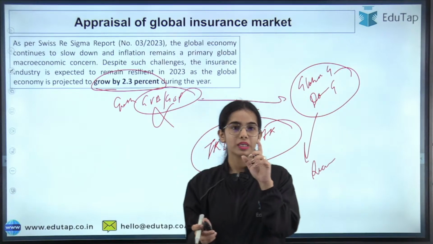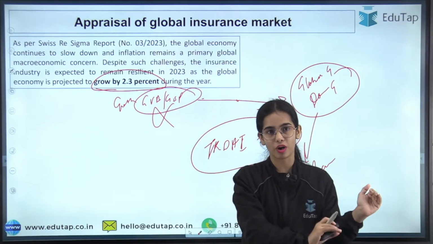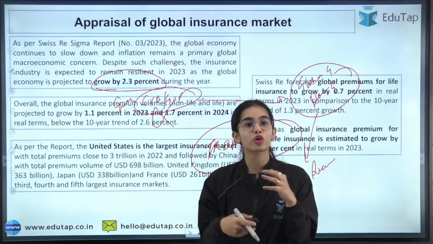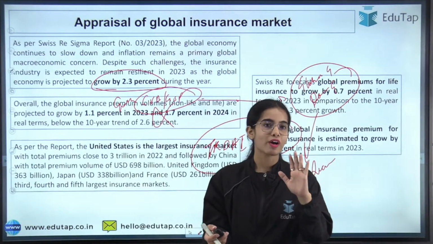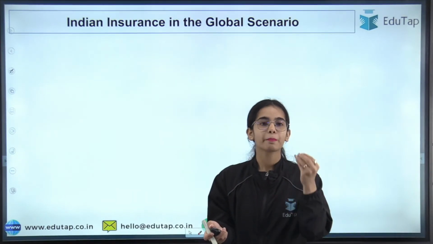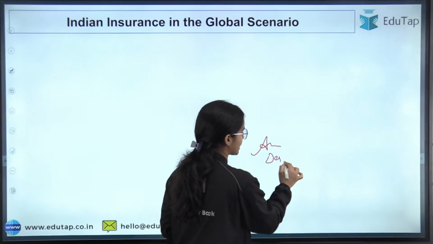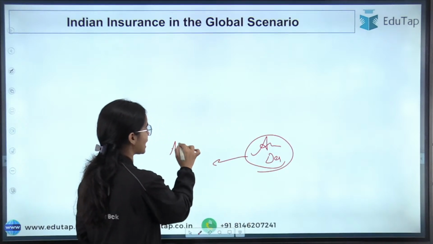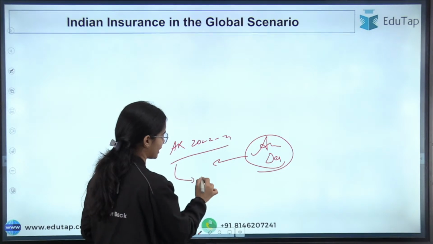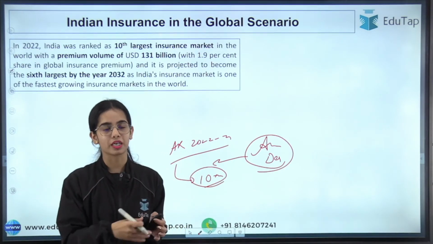For the global growth, the GDP, the GVA, the recent data you have to remember. For the insurance penetration, insurance density, for the insurance sector, you have to follow the annual report because the recent data is not as much available. When you are writing the answers in the descriptive section, you can mention that as per the annual report of IRDAI 2022-23, India is the 10th largest insurance market in 2022.